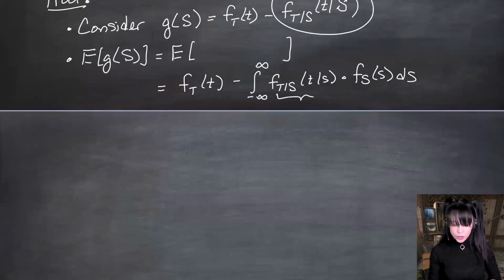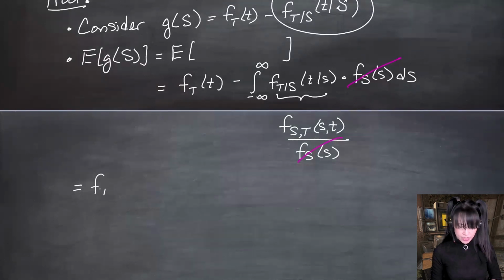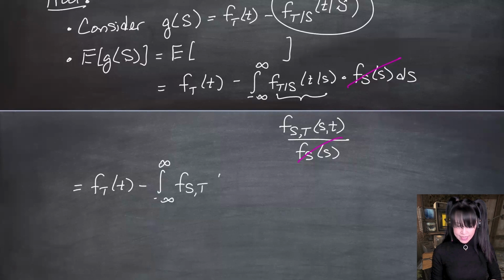Okay, so this conditional PDF is, I don't care what order you want to write these in, but it is the joint PDF for S and T over the marginal PDF for S. And once you write it that way, you're going to get cancellation. So we end up with the marginal PDF for T minus the integral from minus infinity to infinity of f_{S,T}(s,t) ds.